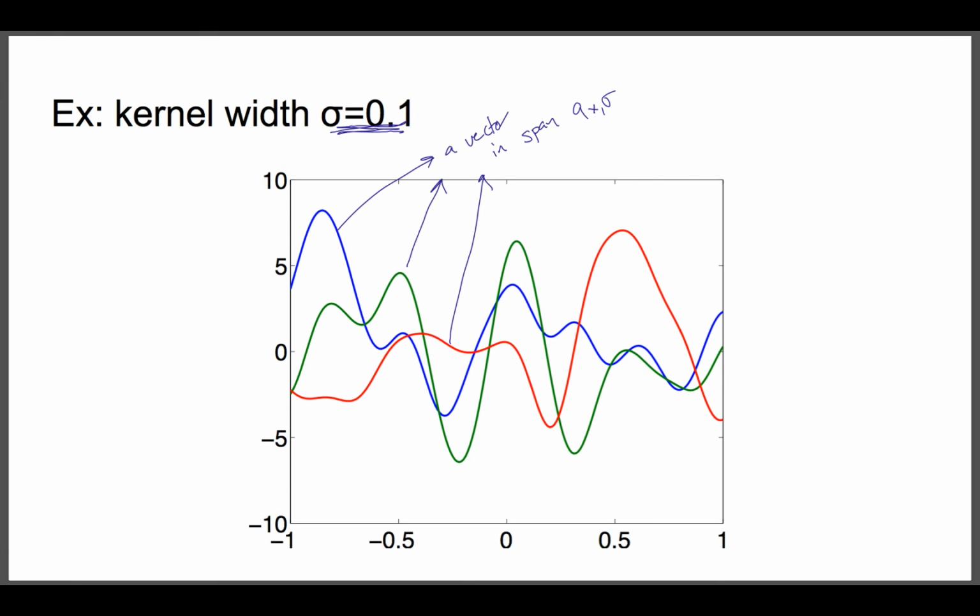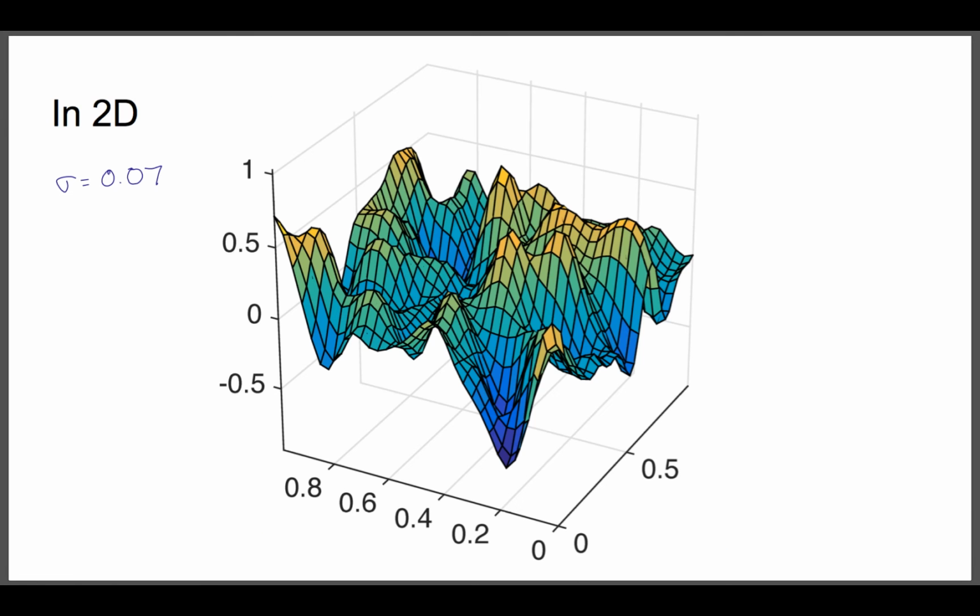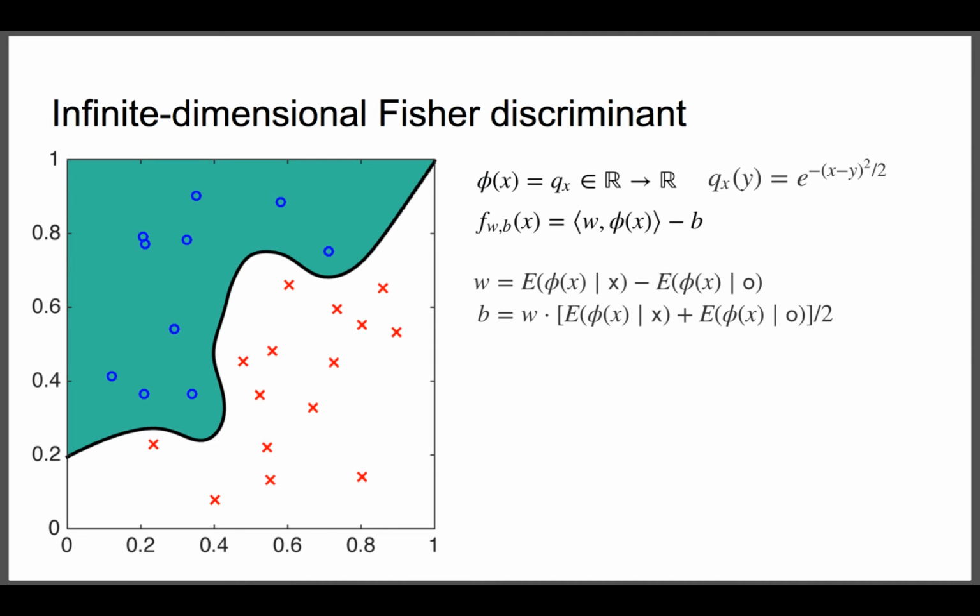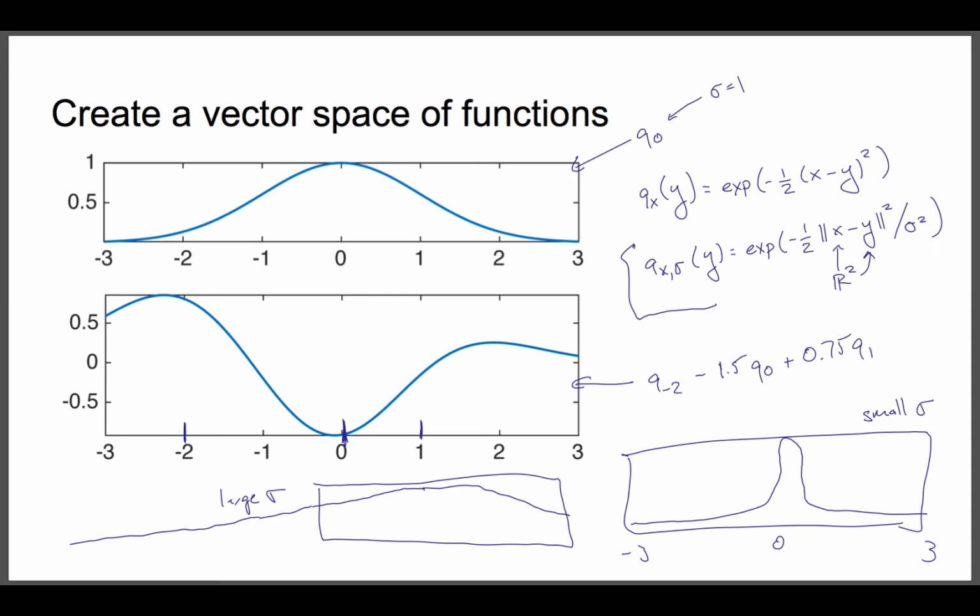All right, so we have this idea of making a vector space by putting together linear combinations of a whole bunch of functions from a given class. And that's going to wind up being an infinite dimensional vector space.